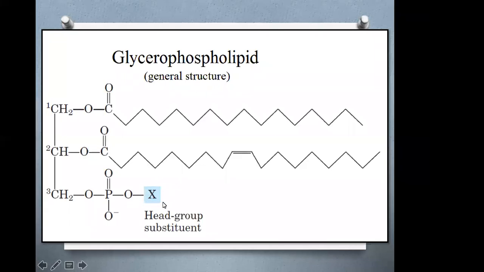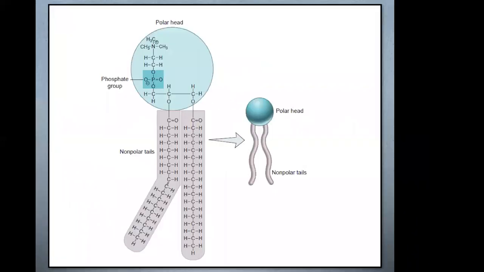This functional group depends upon which type of functional group is attached to this glycerol. Depending upon this functional group, glycerophospholipid is further divided into other glycerophospholipids. We will see next.